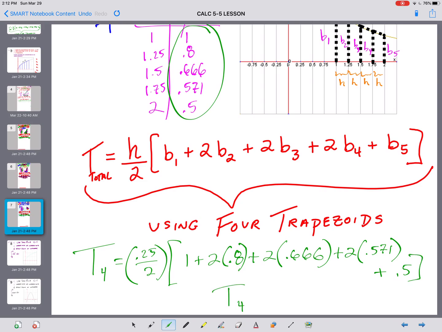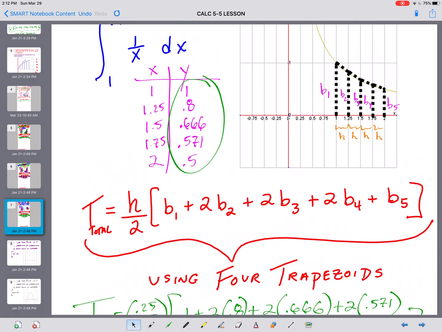This is the trapezoid rule for problem 4. We've got 0.697. That's our estimate of the area between the curve and the x-axis from 1 to 2. So let's put that up there, 0.697.